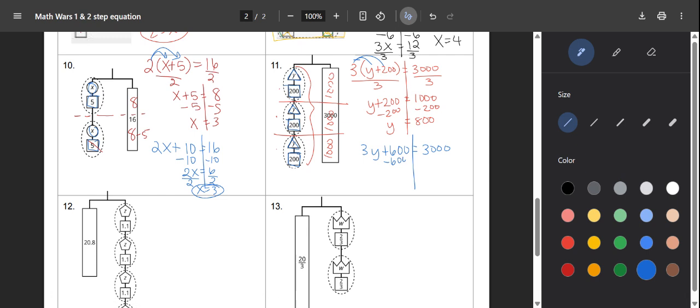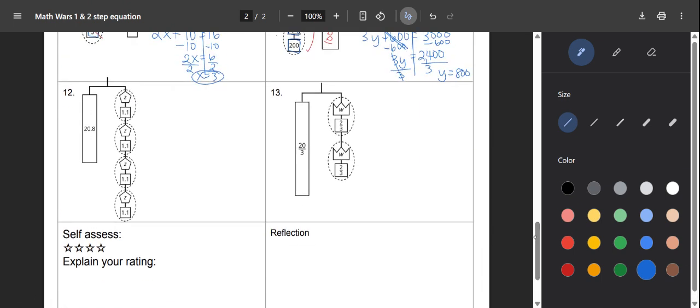Subtract my 600. y is going to be equal to 2,400. Y, all those cancel out, and we subtracted that over there. If 3 y's are equal to 2,400, we divide by 3 to figure out what 1 y must be equal to. 3 divided by 3 is 1. Y is equal to 800. Either way, you get the same answer.